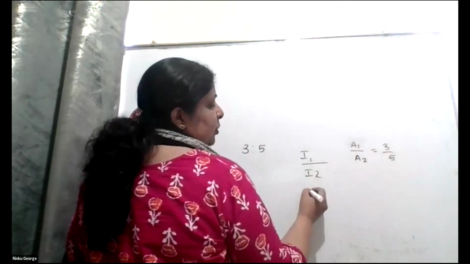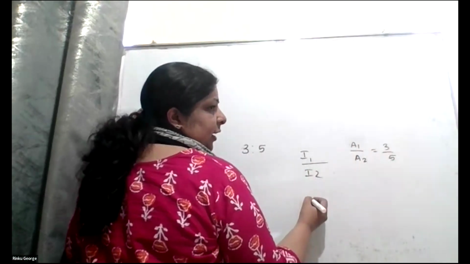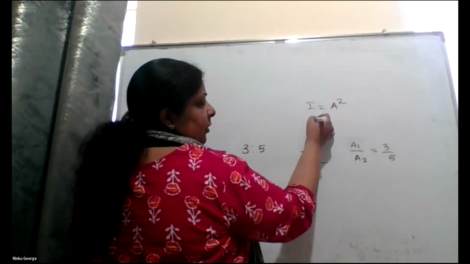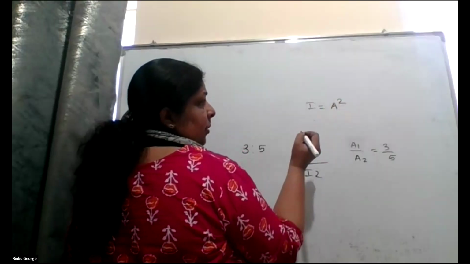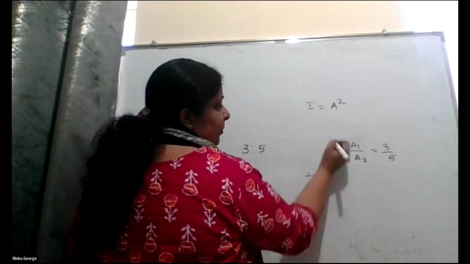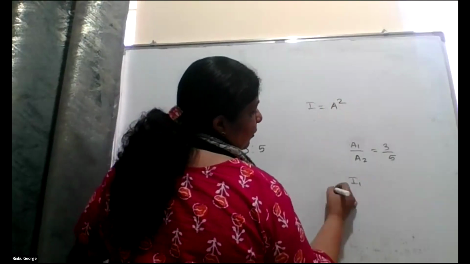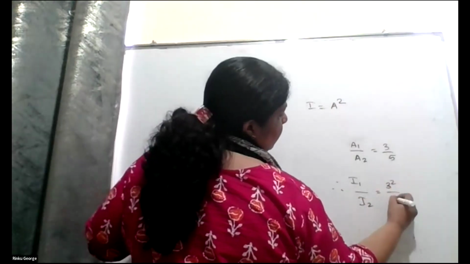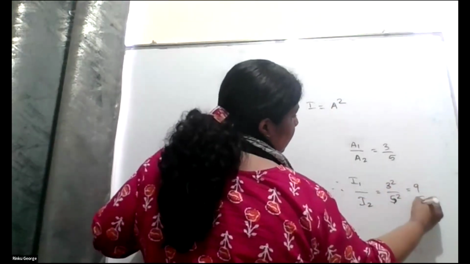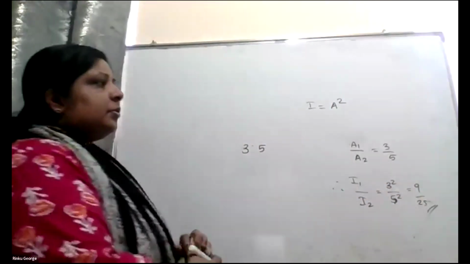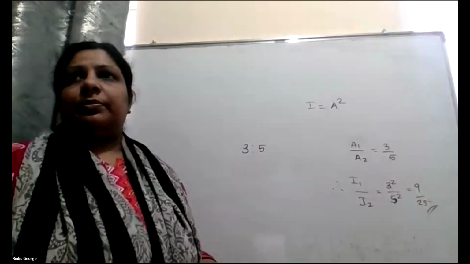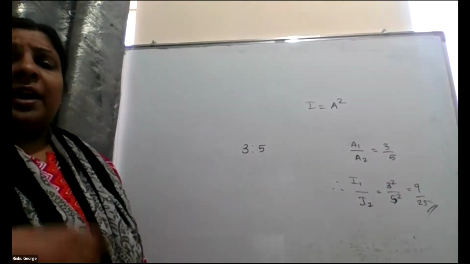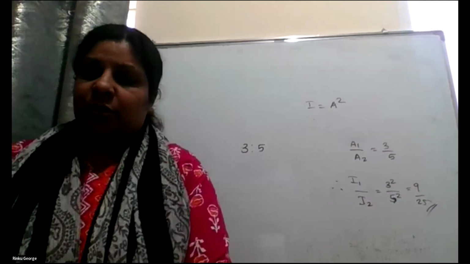Intensity is equal to amplitude square, so I1 by I2 will be 3 square by 5 square, that is 9 by 25. You just need to remember this formula: intensity is equal to amplitude square. Now cut the maximum and minimum question.